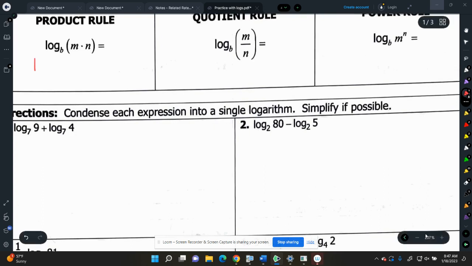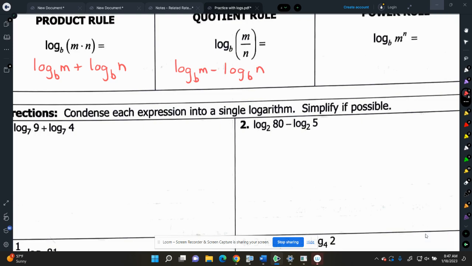This is multiplication, so we're going to rewrite it as addition: log base b of m plus log base b of n. For the quotient rule, we've got log base b of m minus log base b of n. And for the power rule, we bring the exponent in front, so n log base b of m.